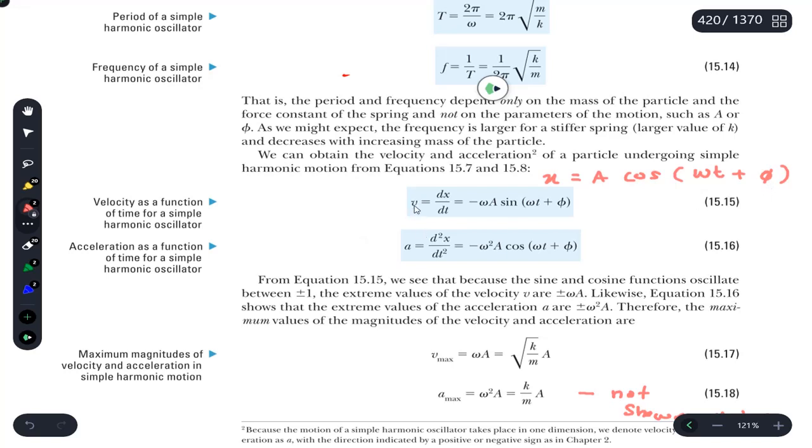When we have an expression such as this, if we want it to be a maximum value, then mathematically the idea is very simple: the whole product of sine(omega t plus phi) must be equivalent to 1. That's the reason why they wrote it considering only omega and A. Again, the negative is not shown because we are interested in the value. So for maximum velocity, maximum speed, we are again interested in the value.